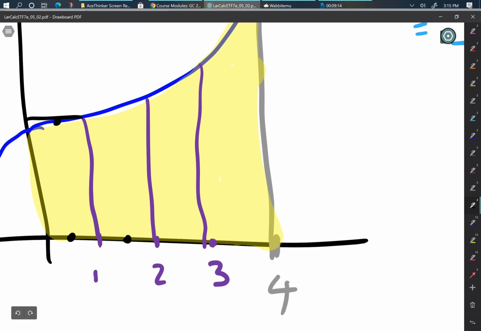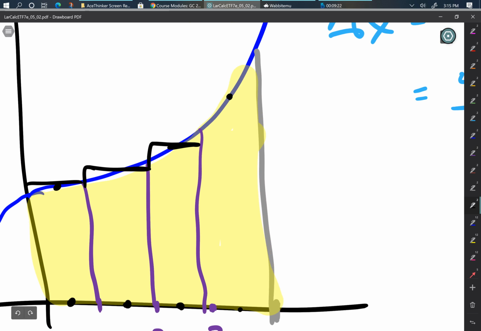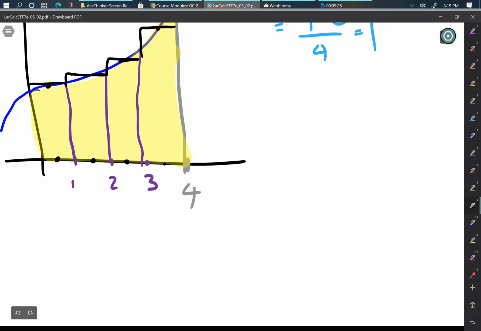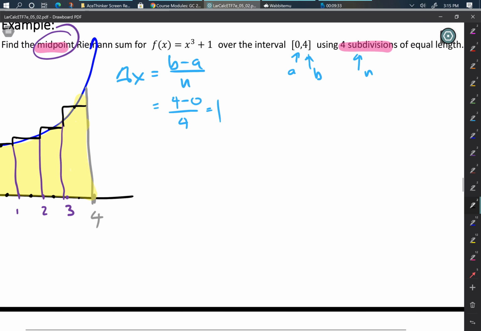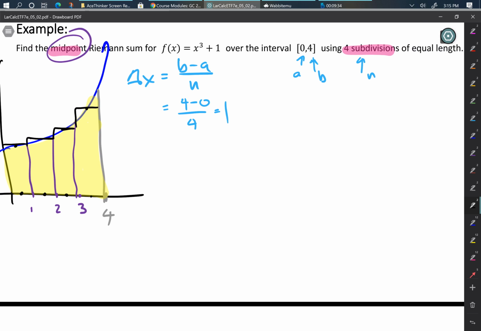There's the midpoint, so that's the height. There's the midpoint, so that's the height. There's the midpoint, so that's the height. Right? But just simply saying there's the midpoint doesn't really help me. So what I want is I would like some sort of a formula that I could use to generate those.